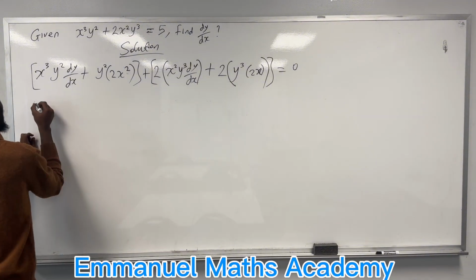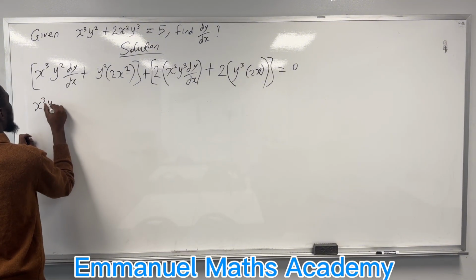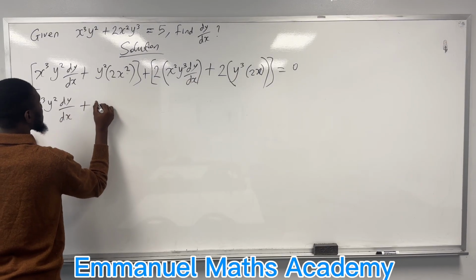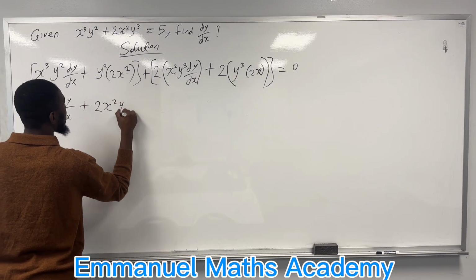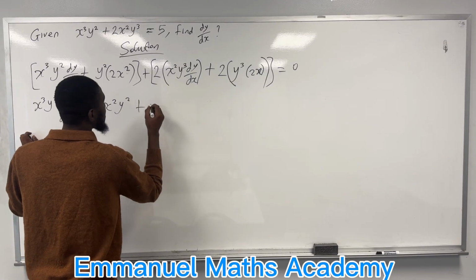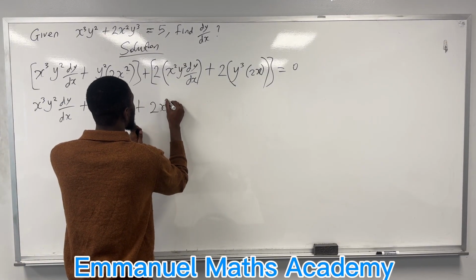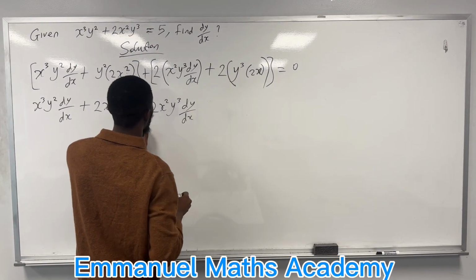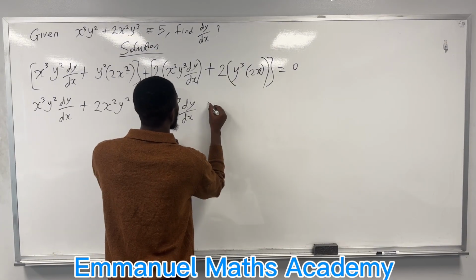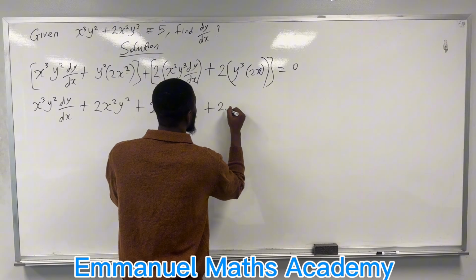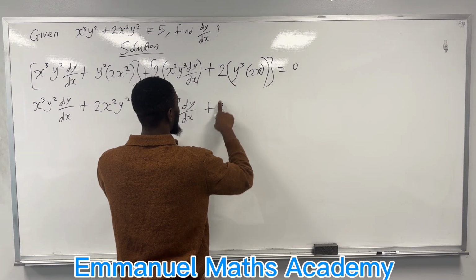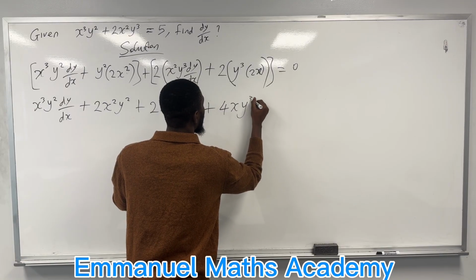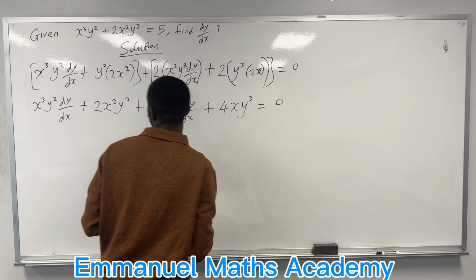If we simplify further, hence we have x cubed y squared dy dx plus 2x squared y squared plus 2x squared y cubed dy dx, right? Plus 2 times 2 will give you 4. Hence we have 4x y cubed equal to 0.